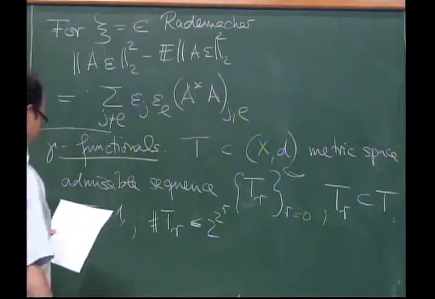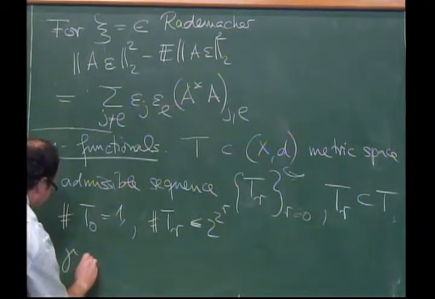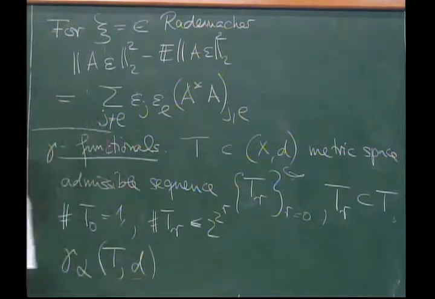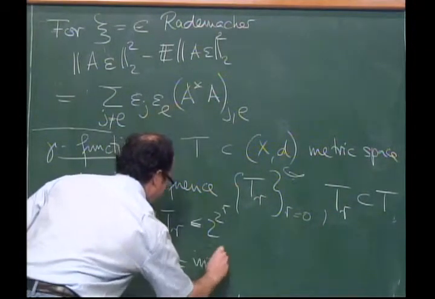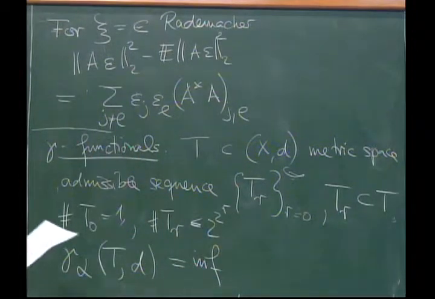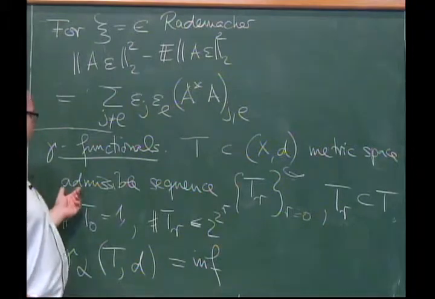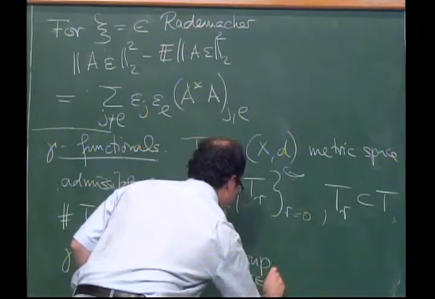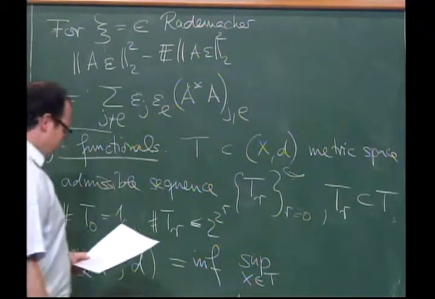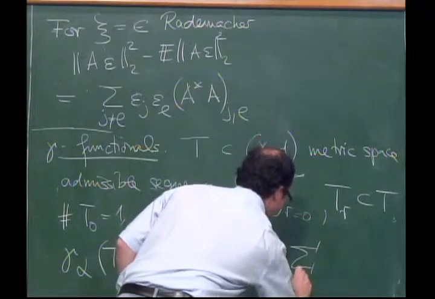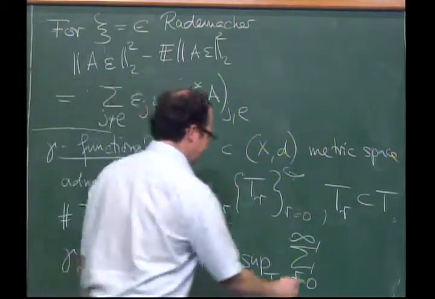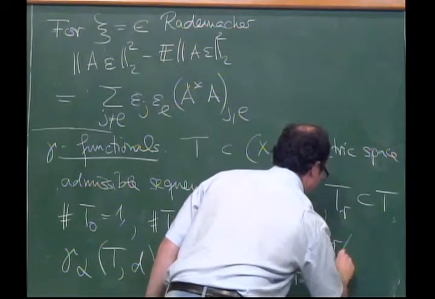And now the gamma alpha functional of this set T, with respect to the metric d, is an infimum over all admissible sequences of a supremum over x in that set, and then we have an infinite sum, r equals 0 to infinity, of 2 to the r over alpha, times the distance of x to the set T_r.